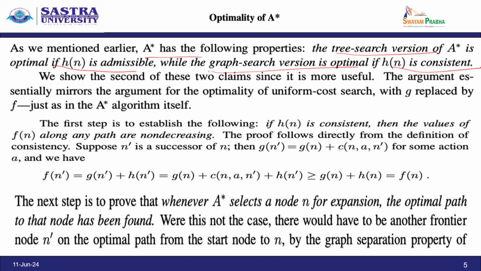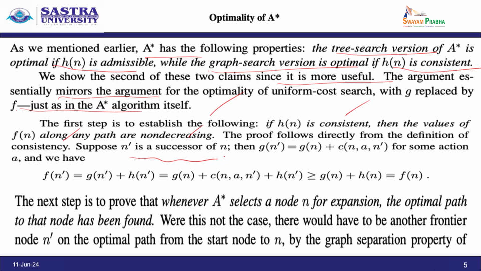The second of these two claims is more useful, and the argument essentially mirrors the argument for the optimality of the uniform cost search, with G replaced by F, just as in the A star algorithm itself. So, the first step is to establish the following: number 1, if h of n is consistent, then the values of f of n along any path are non-decreasing. The proof follows directly from the definition of consistency.